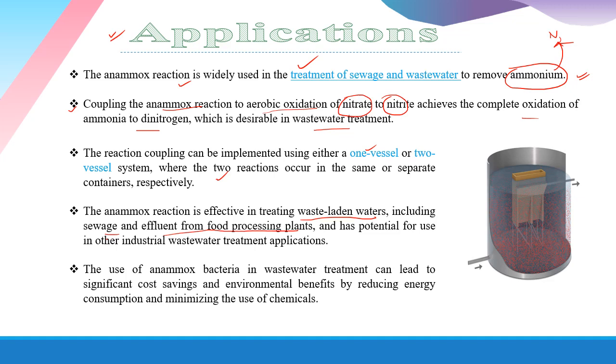The Anammox reaction is basically the anaerobic oxidation, while the aerobic process involves nitrification and denitrification, from nitrate to nitrite, then to nitrogen. These two processes can be coupled using one vessel or two vessels.